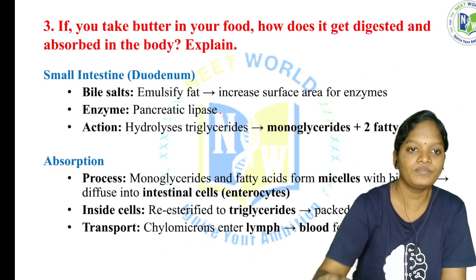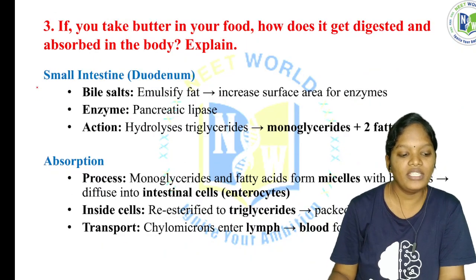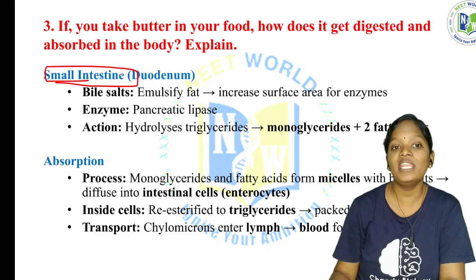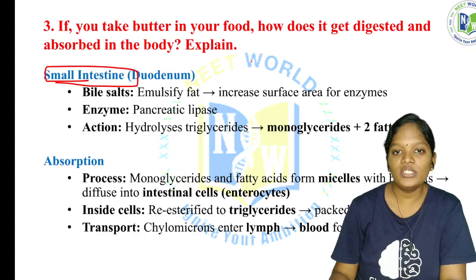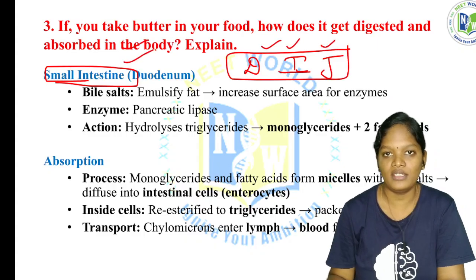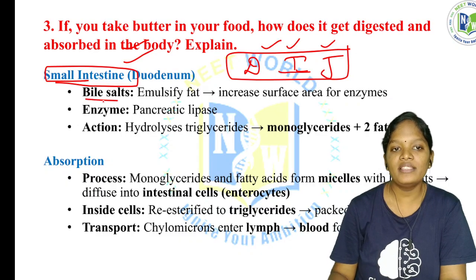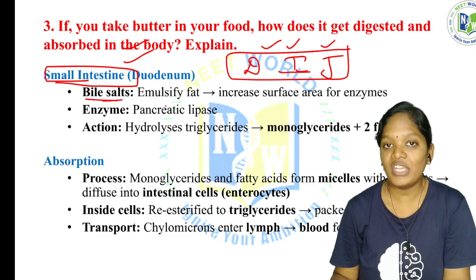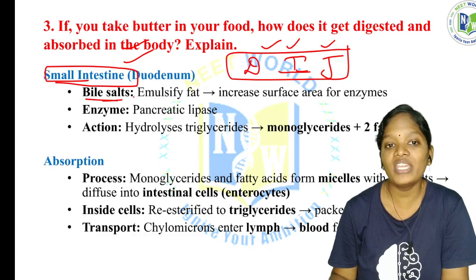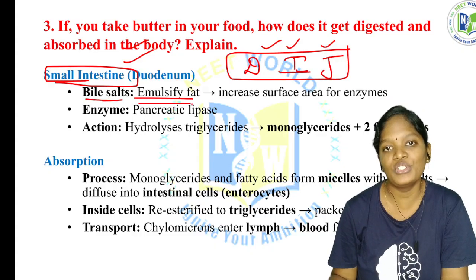Now, what about the small intestine? You should know the duodenum, ileum and jejunum; all these are parts of the small intestine. Now the bile salts, very important. Bile salts are involved in the emulsification of fat, which aids digestion of fats.